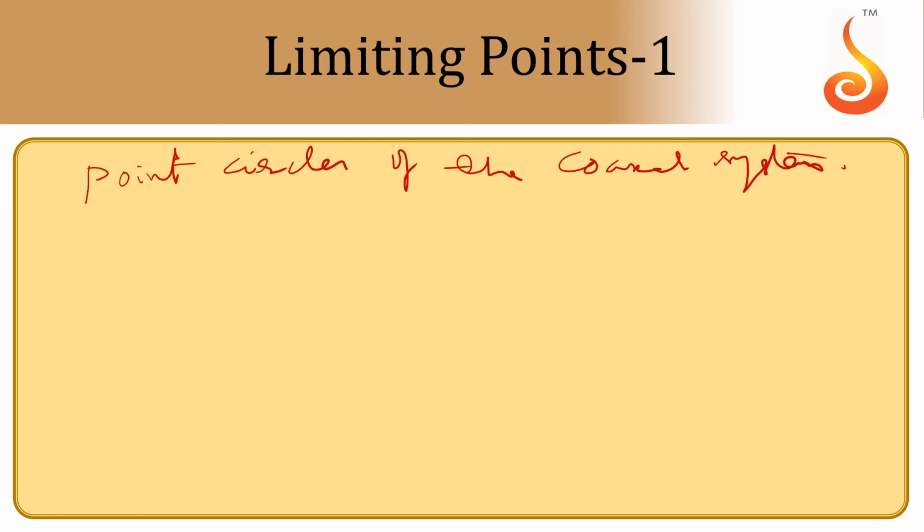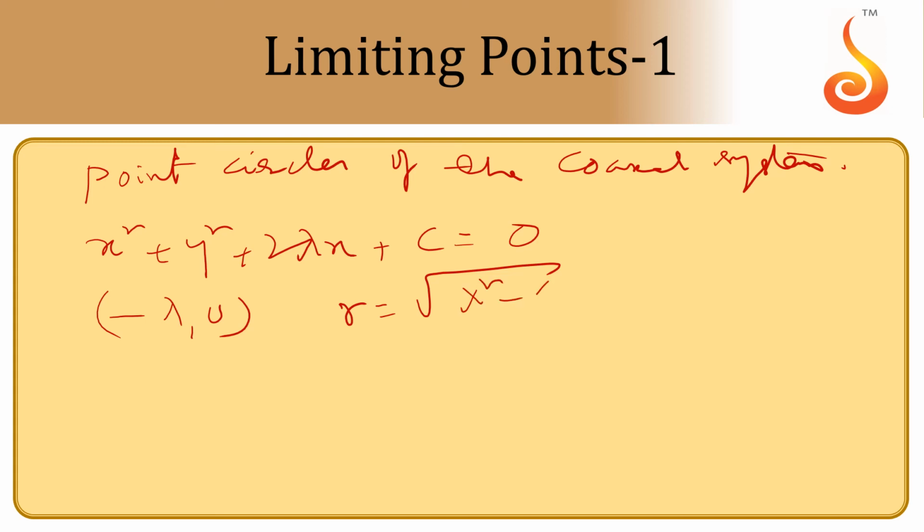Now some important points we'll discuss. Suppose that simplest form, if you observe, the center is minus lambda comma 0 and the limiting points are what? So when the radius is under root of lambda square minus c, when lambda square minus c equal to 0, that is lambda equal to plus or minus root c.